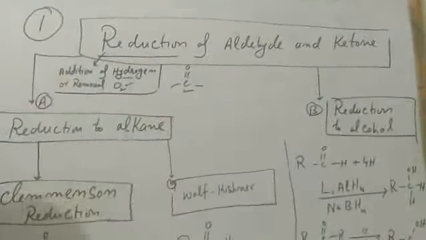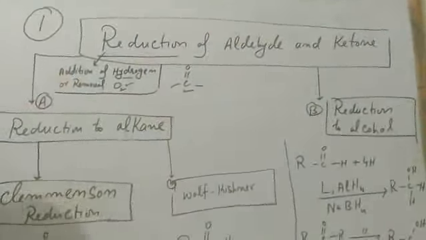How? By two methods. Keep in mind, these are two important reactions. One is called Clemmensen reduction, and the second is the Wolff-Kishner reduction. These two reduction reactions are used for the preparation of alkane from aldehyde and ketone.